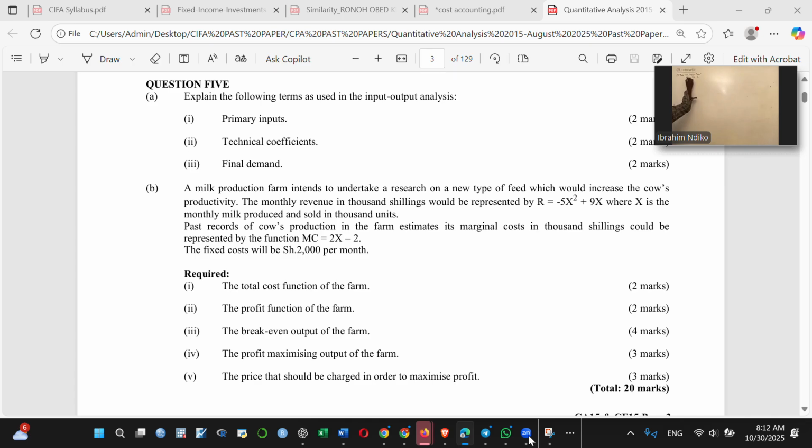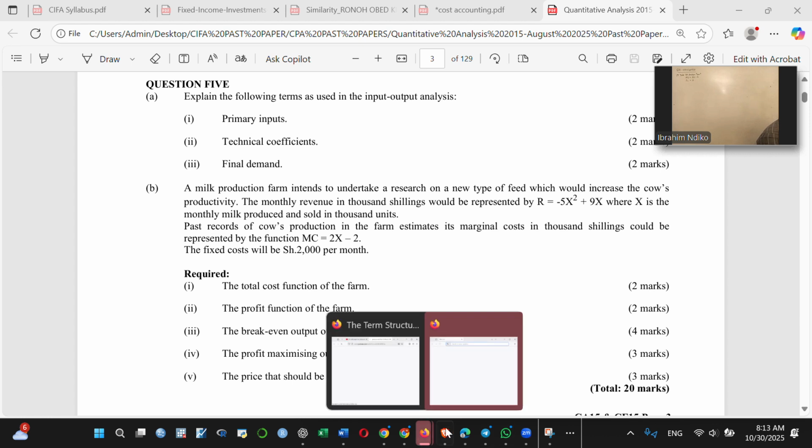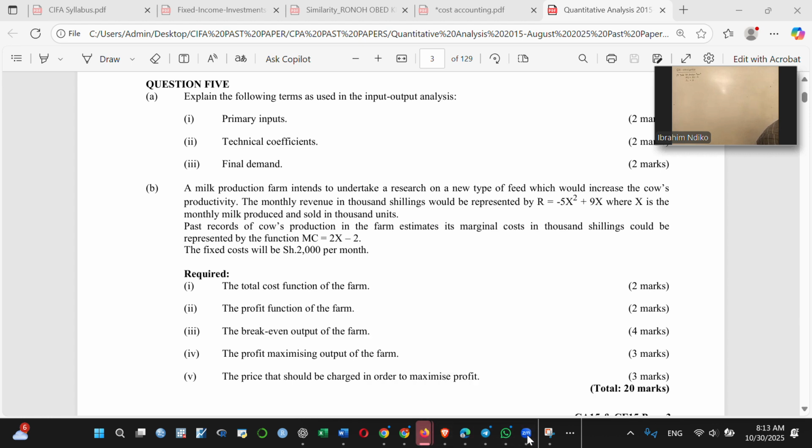Then we have been given the fixed cost of 2,000 per month, but our equation is in 1,000, so it will be 2. Now we are supposed to use that to come up with the function.